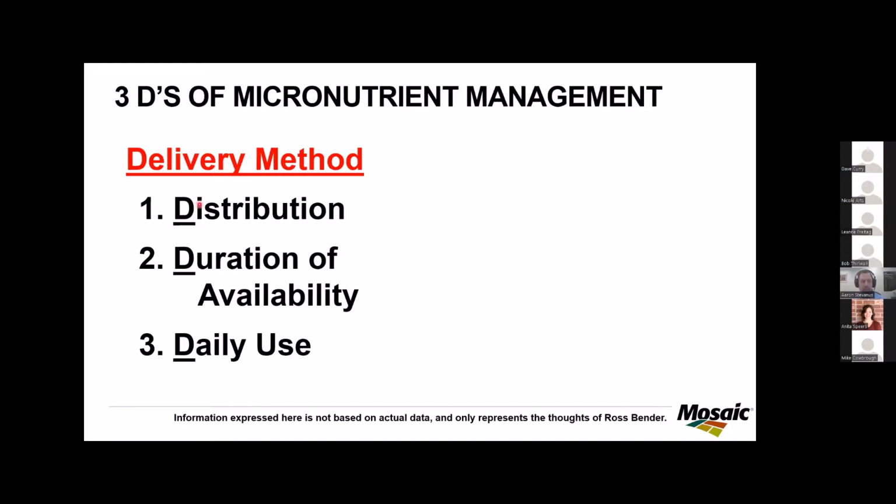To go into those a little further, distribution: because you go from deficient to sufficient to toxic very easily and very fluidly, distributing the micronutrients is important since you're putting such a small amount on. So making sure that every plant has a good day by having a source of micronutrients. Then it's the duration of availability and daily use, and we're going to talk about those in more depth as well.